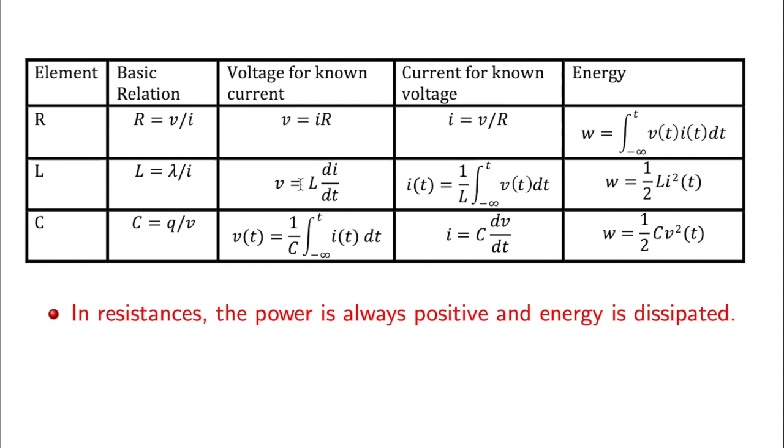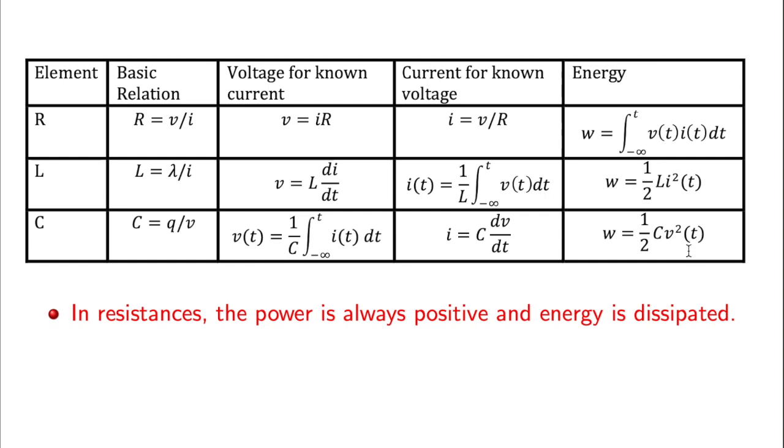So V is equal to L di upon dt, and the integral form 1 upon C integral of I dt for the capacitor. If the voltages are known, we can calculate the current likewise. The energy expressions are there.